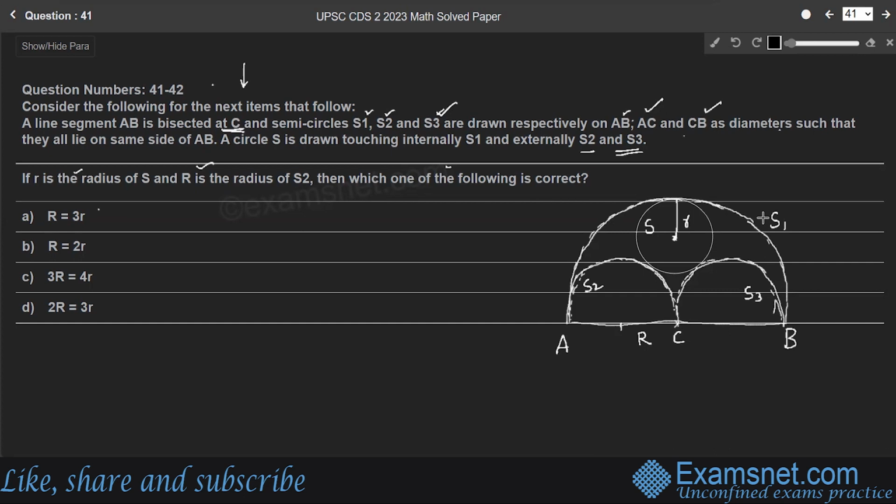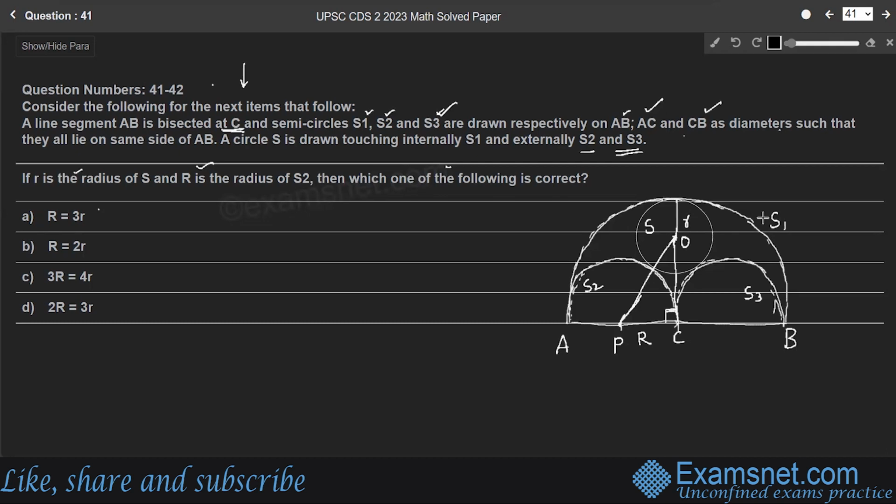For that, let us make a small construction. Let us join the center of the circle S, we'll call it O, and C, the midpoint of AB. We'll join that. And we'll consider the center of the semicircle S2 as P, so we'll join P and O. So we have got a right angle triangle here.